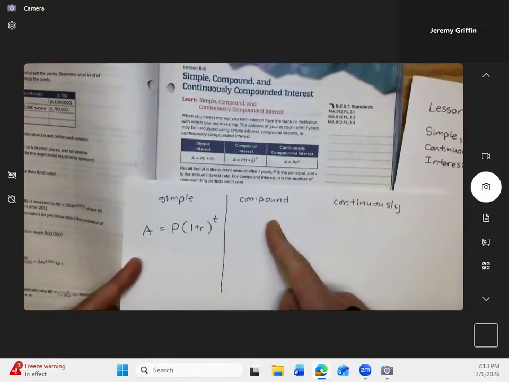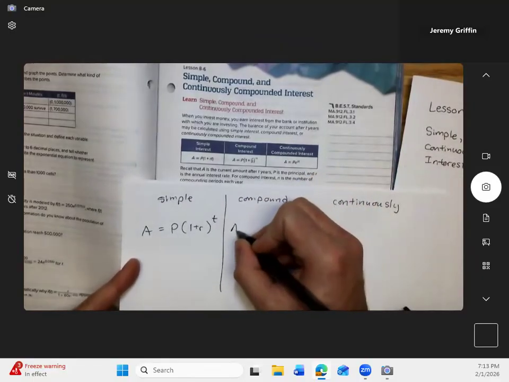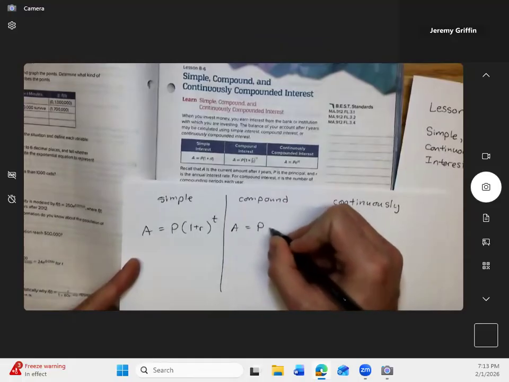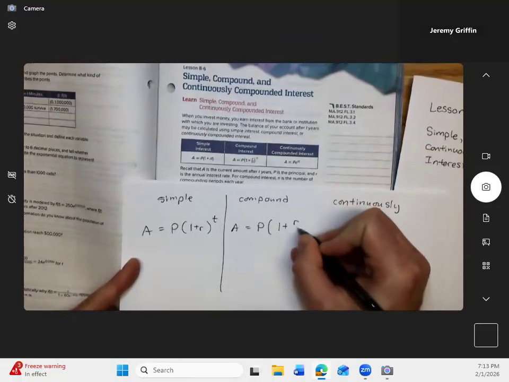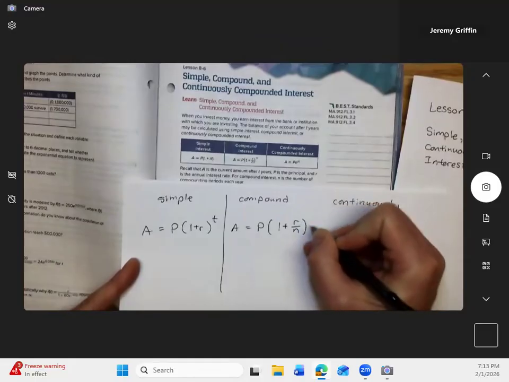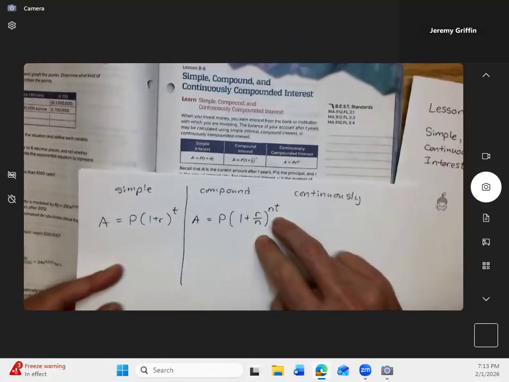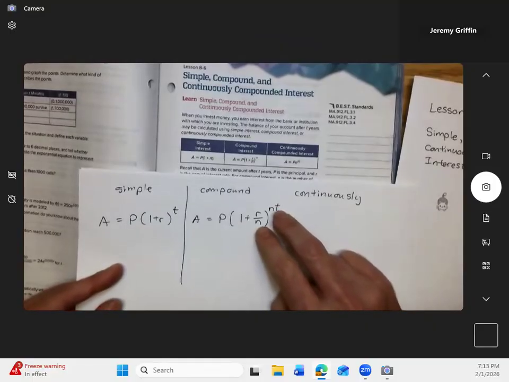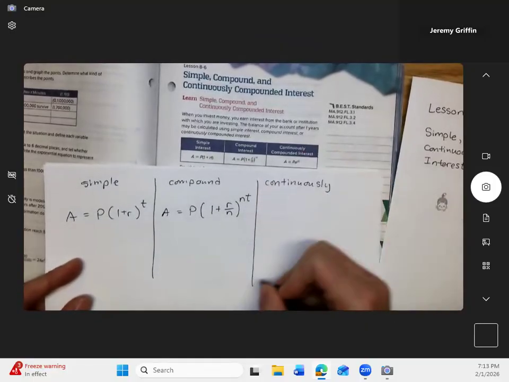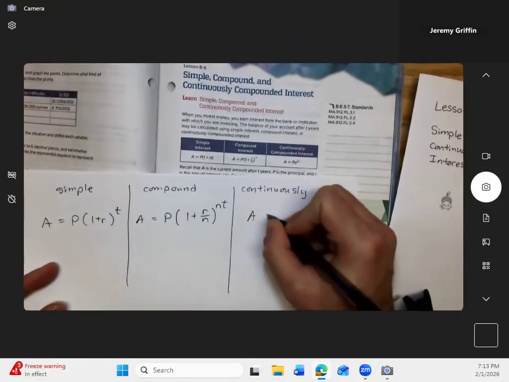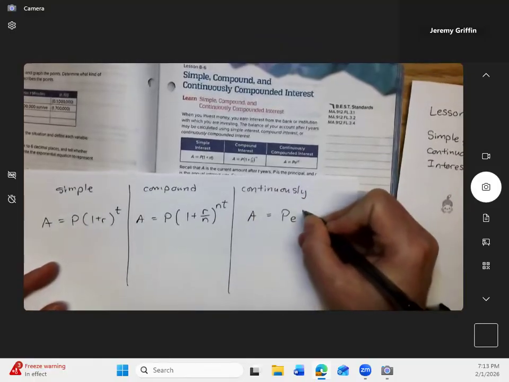If you compound some number of times during the year, the amount is equal to the principal times 1 plus the interest rate divided by the number of divisions, to the power of nt. So if it was compounded monthly, n could be 12, and that would show up in two places in the equation. Then your continuously compounded interest: A equals P e to the power rt.